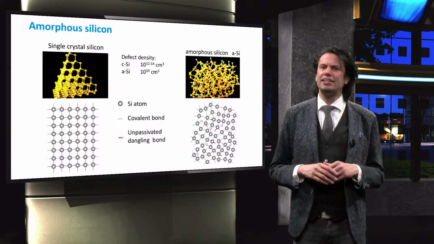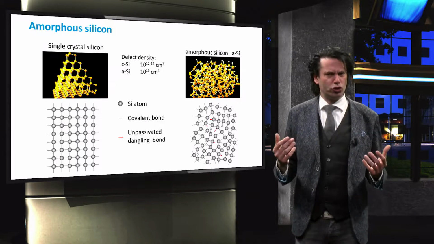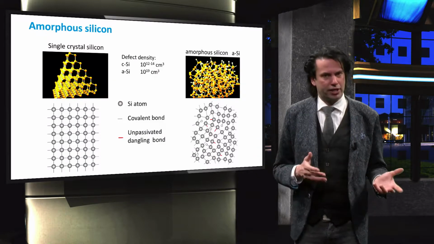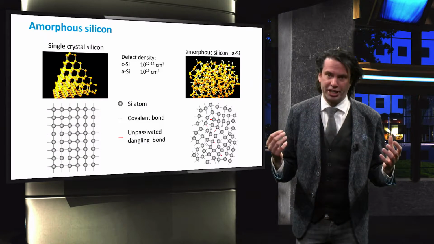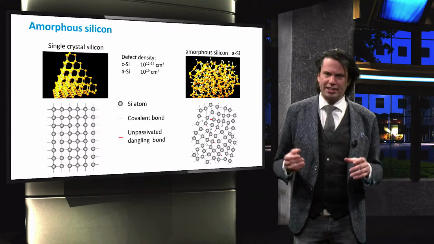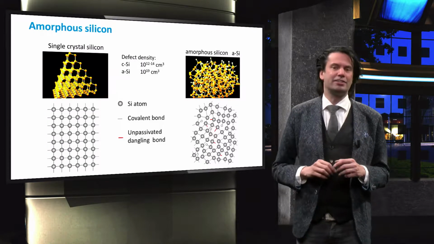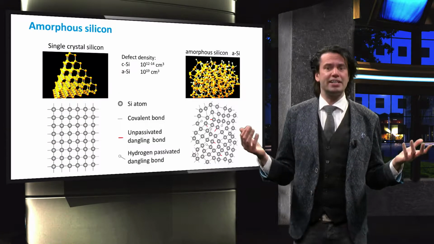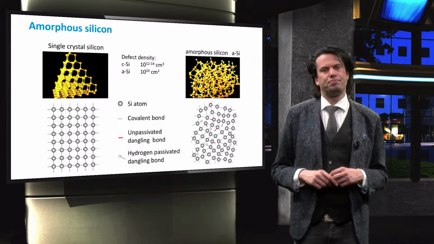The defects lead to fast recombination of photoexcited charge carriers and cause amorphous silicon to have a poor conductivity in reference to crystalline silicon. Therefore, amorphous silicon is hydrogenated. The small hydrogen atoms attach to the dangling bond, thereby passivating the defect. A hydrogen passivated dangling bond is indicated by the small white circle on the end of the dangling bond.